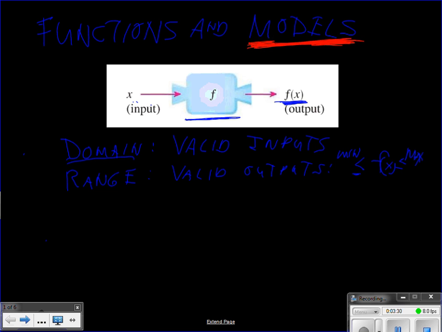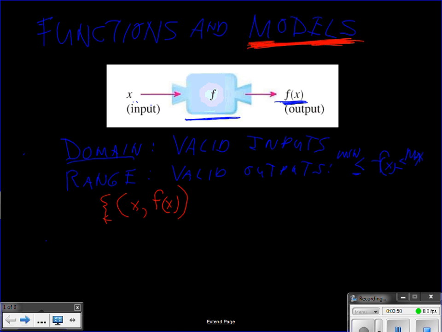Another way of representing things, and again, a lot of times in math, the difficulty stems from notation. We might call this function a set of ordered pairs. A set of ordered pairs x and f of x: you give me x, and I'll give you back an f of x.